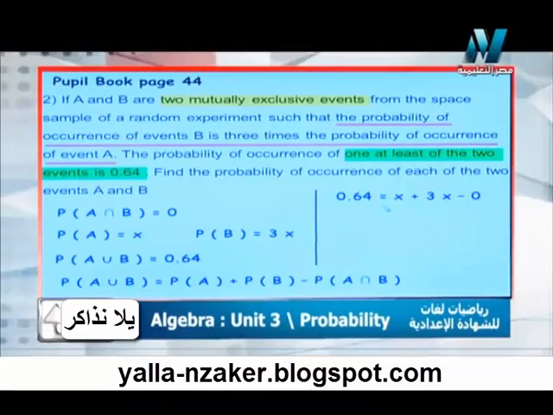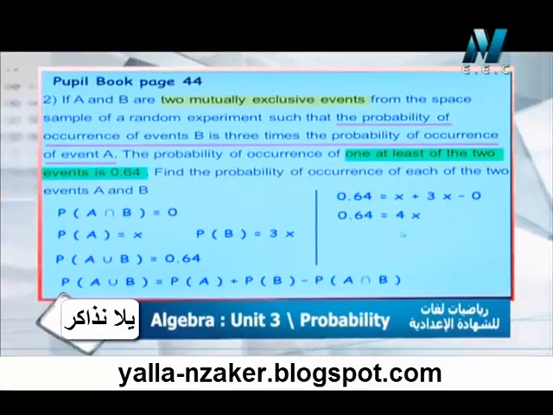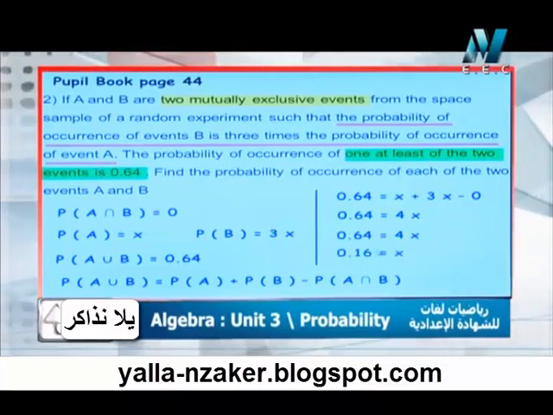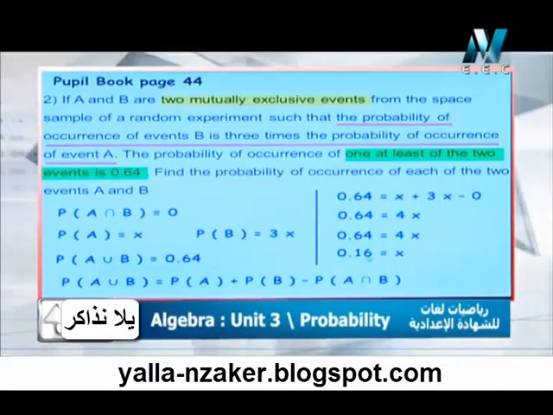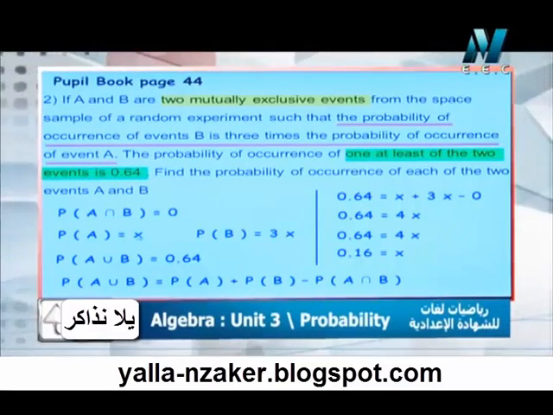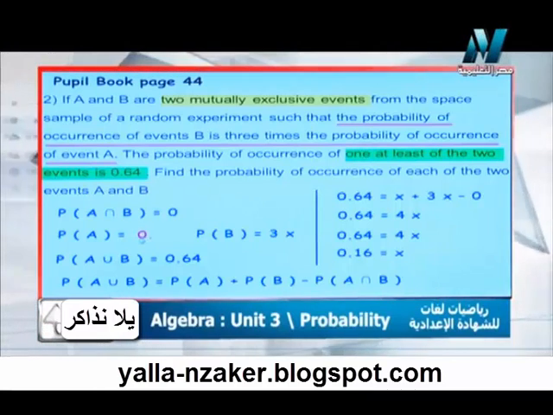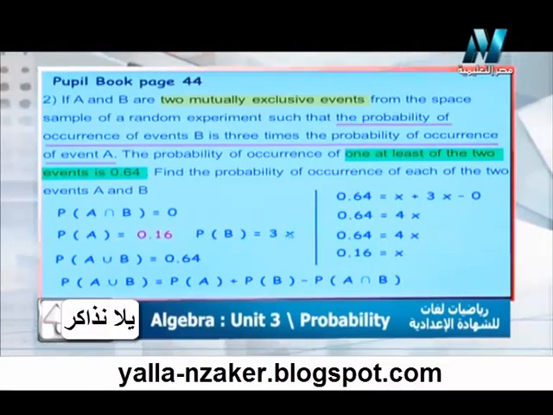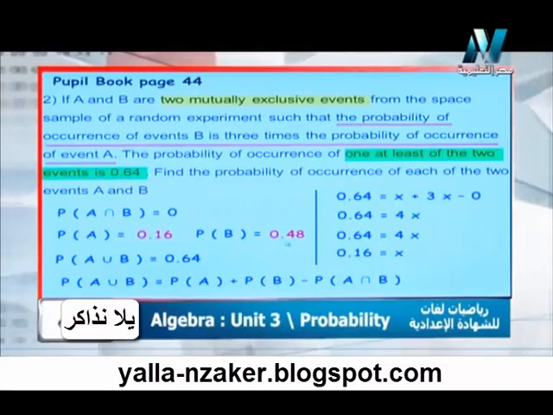So 0.64 equals 4x, and x here is 0.16. Now I replace the probability of A with 0.16, and the probability of B is 3 times 0.16, and the answer is 0.48.